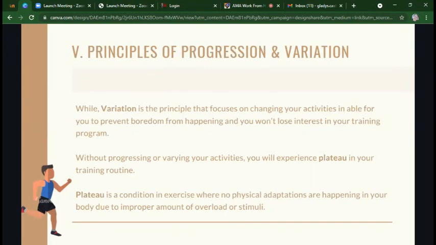Without progressing or varying our activities, we will experience a plateau in our training routine. Plateau pertains to a condition in exercise where no physical adaptations are happening, because you are doing the same activity over and over again, due to an improper amount of overload or stimuli.